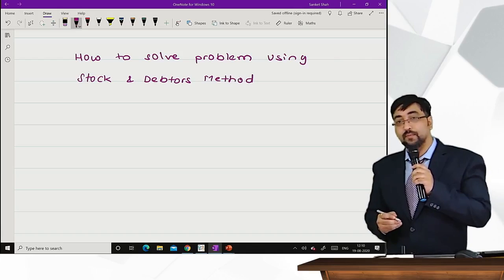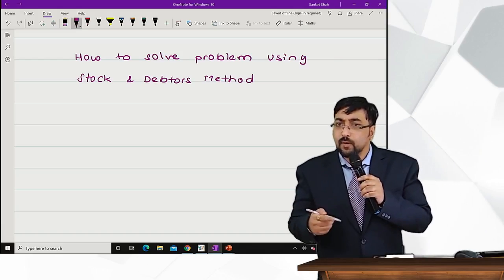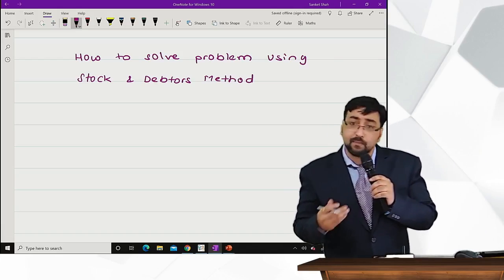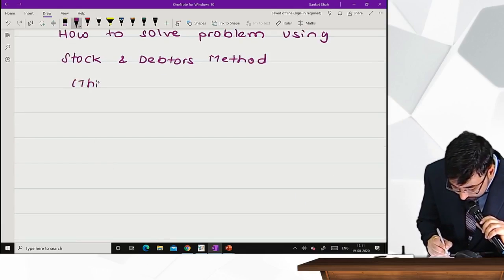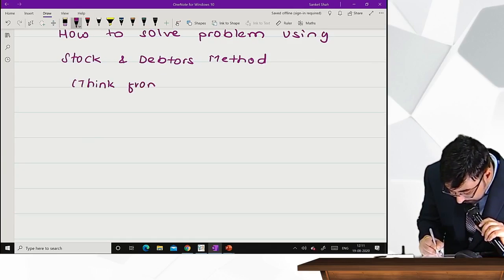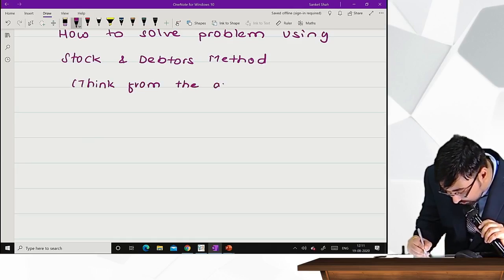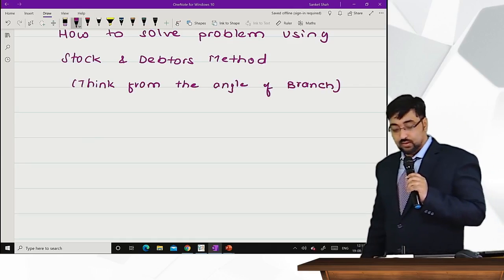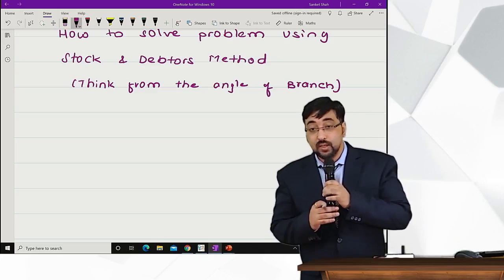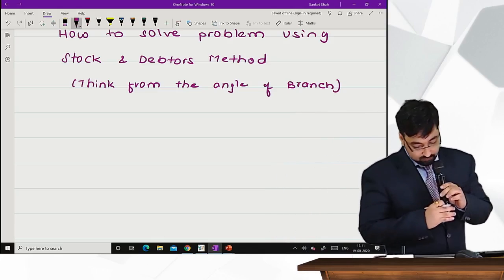Now you will think from the angle of branch. This is only a shortcut. Ultimately, you are preparing books of accounts of head office. So here you have to think from the angle of branch.